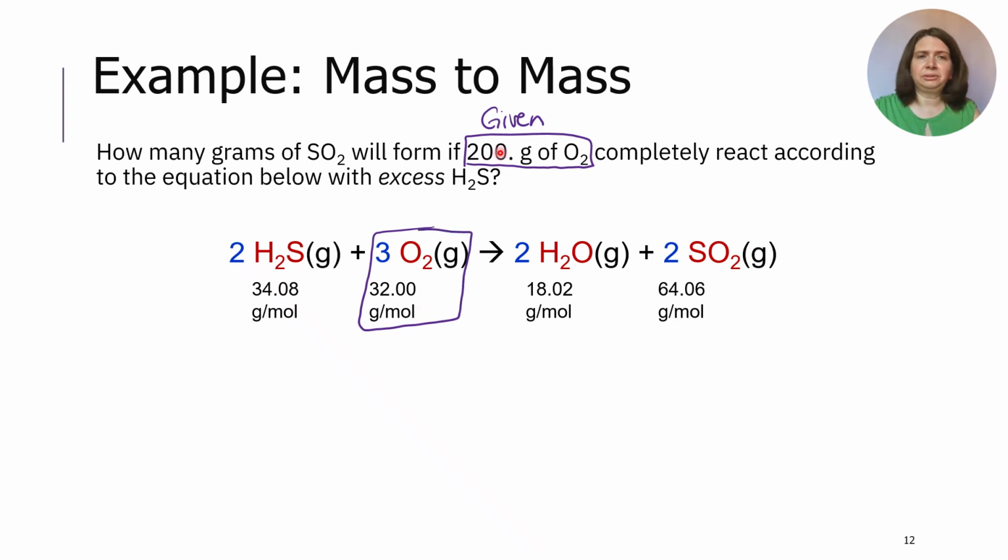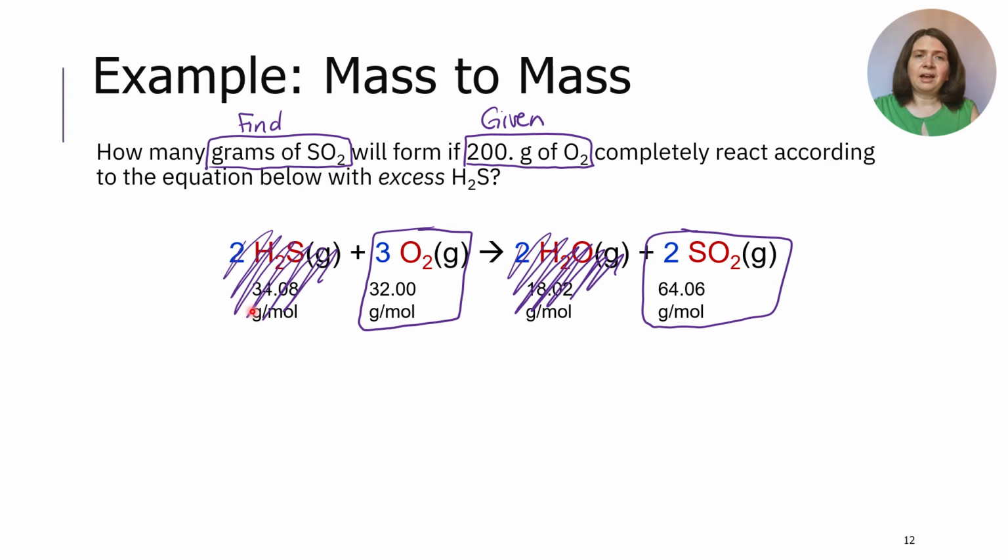Here I have circled O2 since it is the given substance, and SO2 because it is the substance I'm trying to find. I simply crossed out the H2S and the H2O because they are not needed for this calculation. This makes the equation feel much easier to focus on. I begin with the 200 grams of O2.